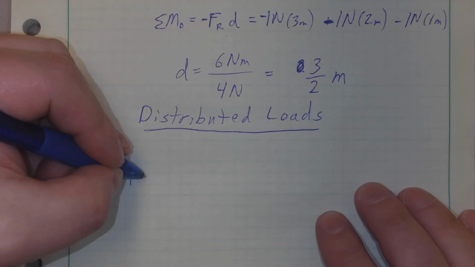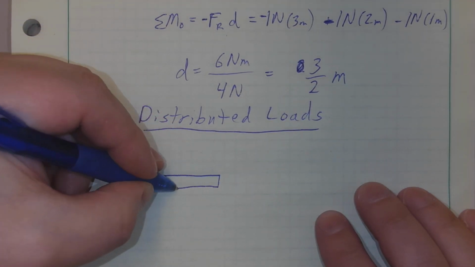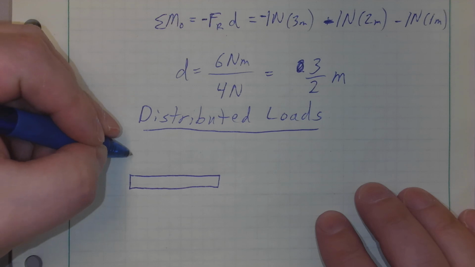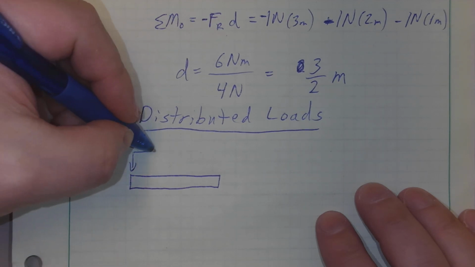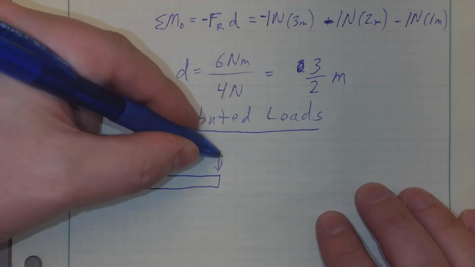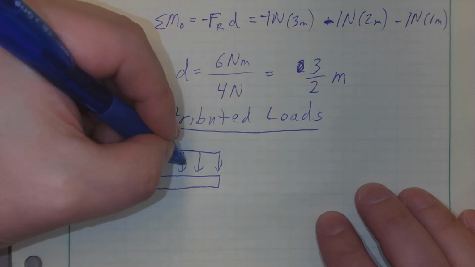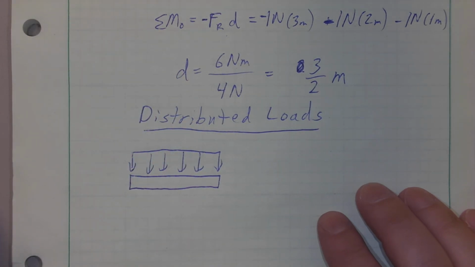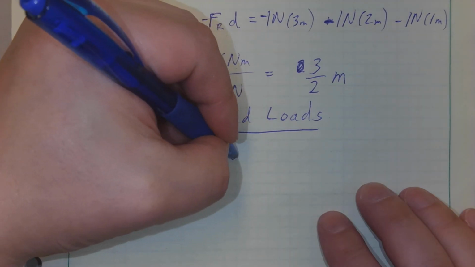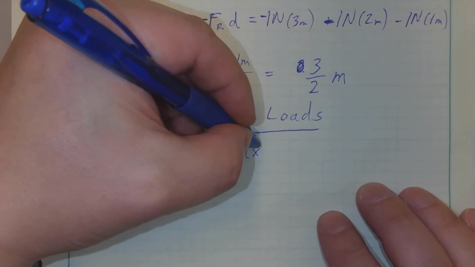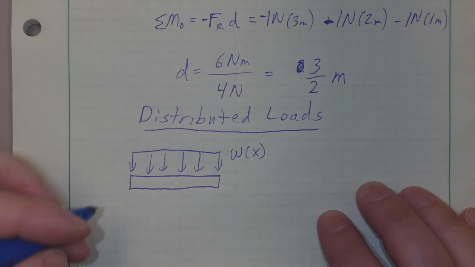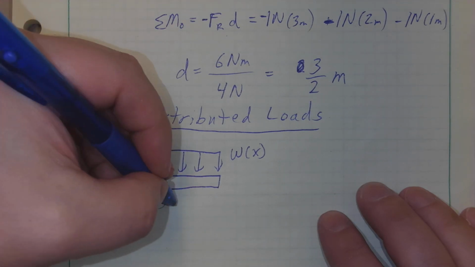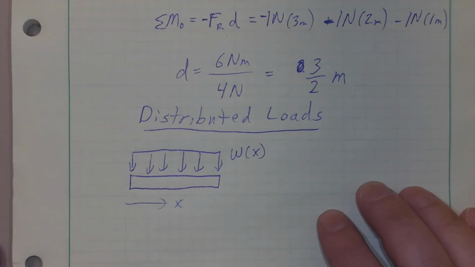If I've got some sort of a structure and I apply to it what we often call a rectangular load or just a constant load, right? And what we might say here is we'll call this W for a distributed load, some function of X, where X is going out.